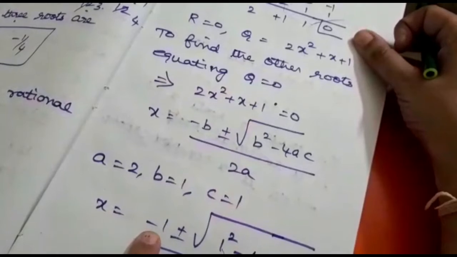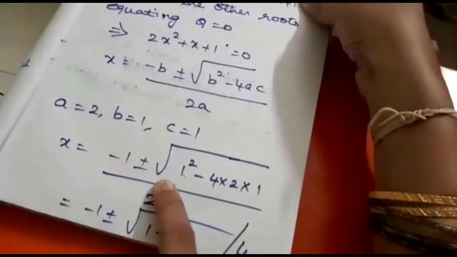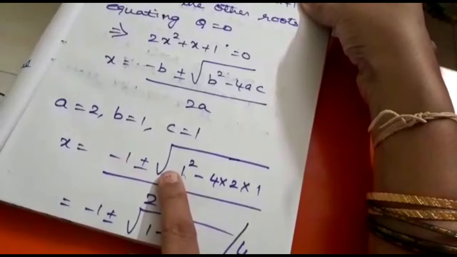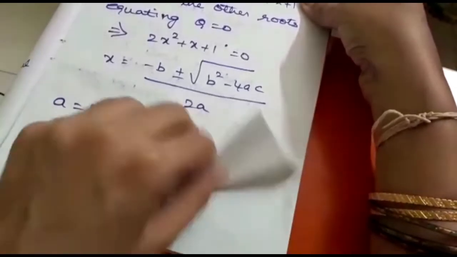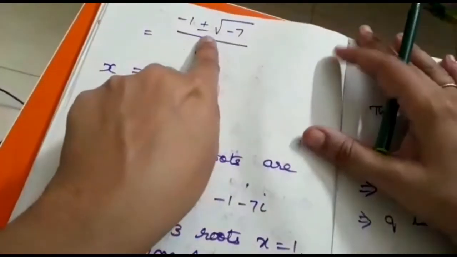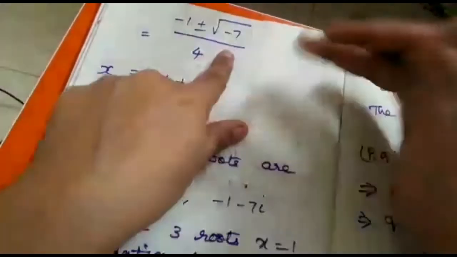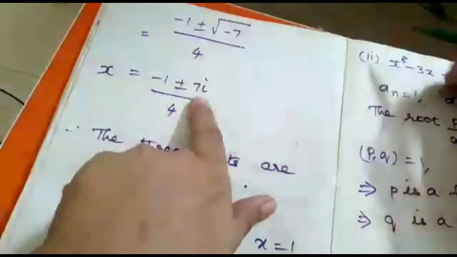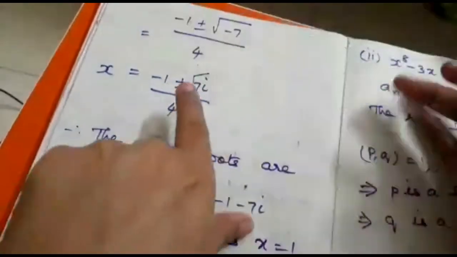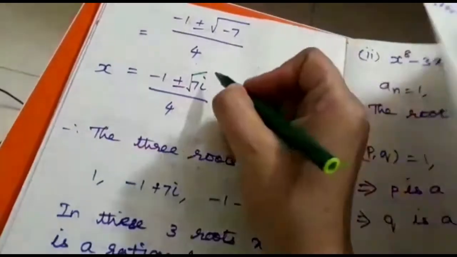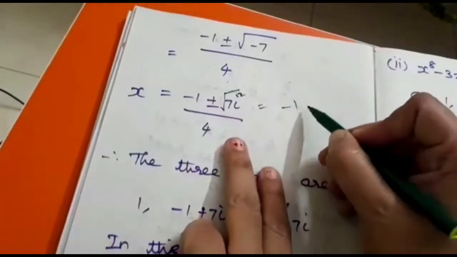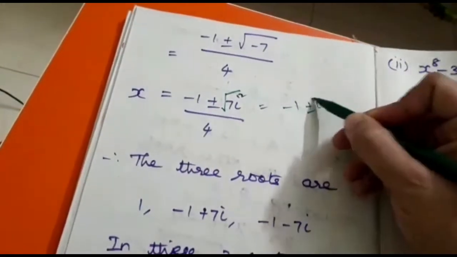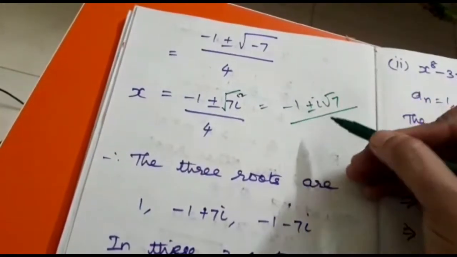If you substitute like this, you will get minus 1 plus or minus root of minus 7, by 4. So instead of this minus 7 I can write 7i square. So minus 1 plus or minus i root 7 by 4.